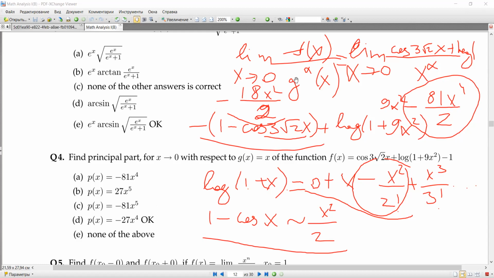So now here what we have: minus 9x squared plus 9x squared minus 81x to the 4 over 2 factorial.